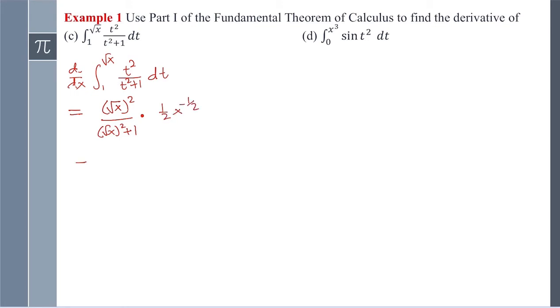We'll go ahead and simplify this. So this becomes x over x plus 1 times 1 over 2 square root of x. Simplifying, we get square root of x over 2 times x plus 1.